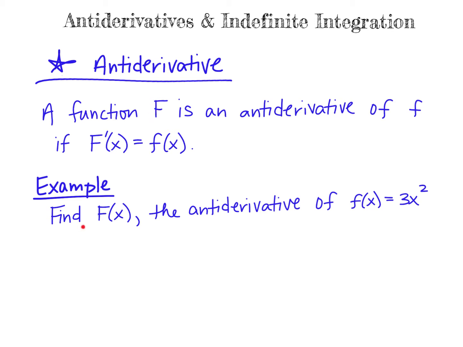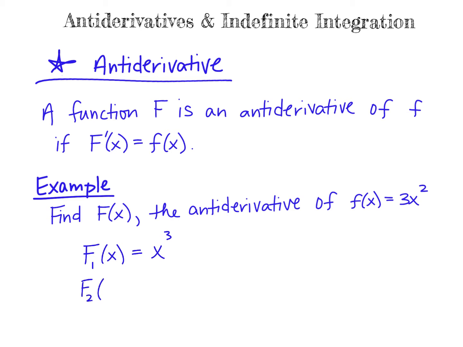Let's take a look at this example again that we had in our warm-up. We have lowercase f, our function, is 3x squared. We want to take the antiderivative of that and find possible capital F of x's. We already did this, and we said that one possibility for the antiderivative of 3x squared was just plain x cubed.